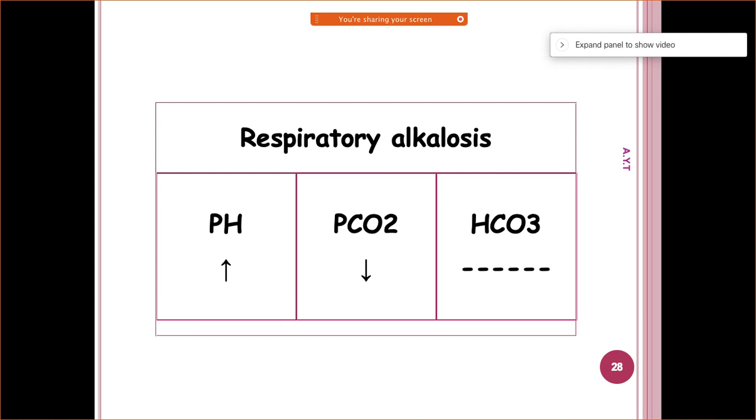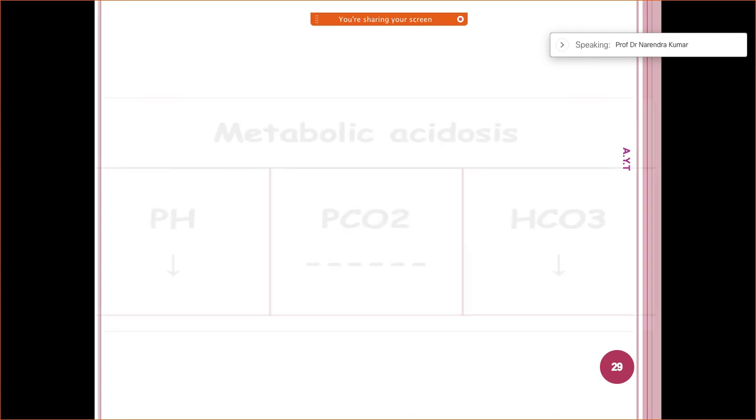Okay, respiratory alkalosis. In respiratory alkalosis, the pH is going to be higher, of course, more than 7.45. The PCO2 is going to be lower because it is respiratory. And of course, bicarbonate is going to be normal.